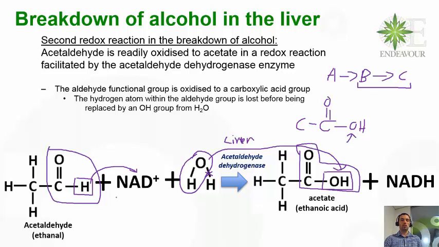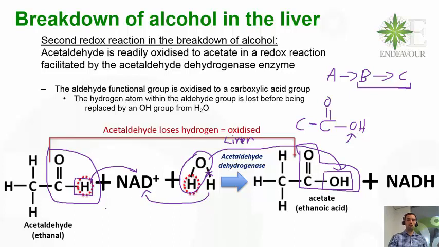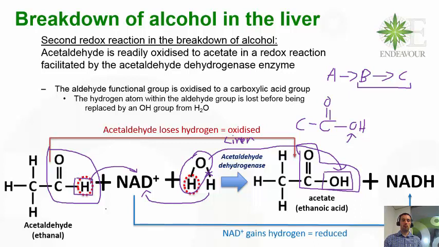You can also see that the coenzyme goes from the electron poor form to the electron rich form by accepting hydrogens, not only from the aldehyde but also from water. So we've got the acetaldehyde losing hydrogen, which is the main one we're focusing on. It's being oxidized to the acetate compound, and the component that's gaining hydrogen is our coenzyme being reduced to NADH.